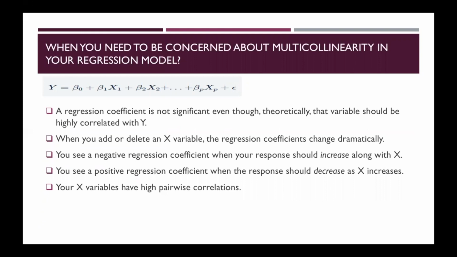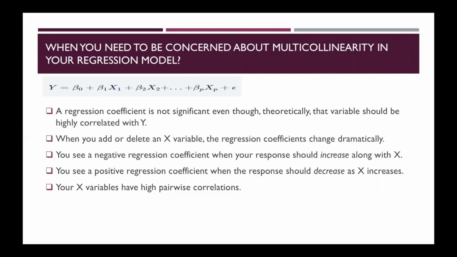When you are creating the model, there will be some signals which will tell you that there is some multicollinearity existing in the model, and you need to be concerned about that. Let us see what those signals are. One of the signals is that a regression coefficient is not significant, even though theoretically that variable should be highly correlated with y.